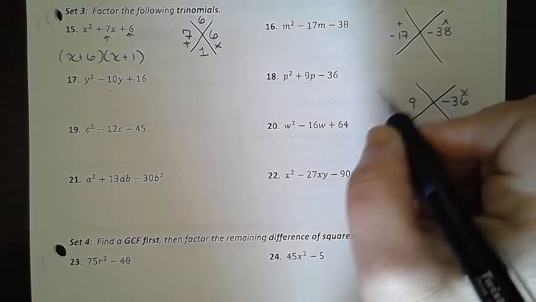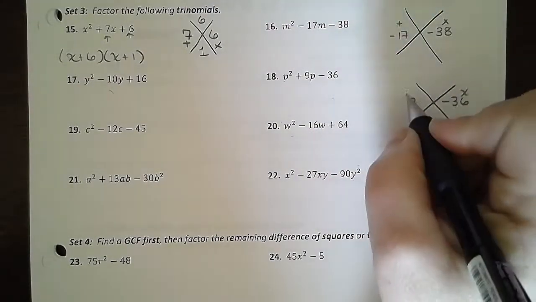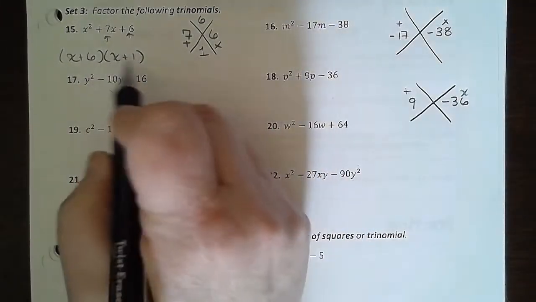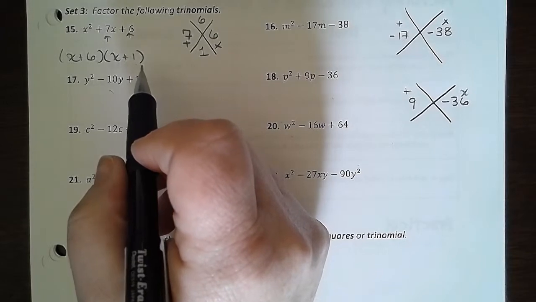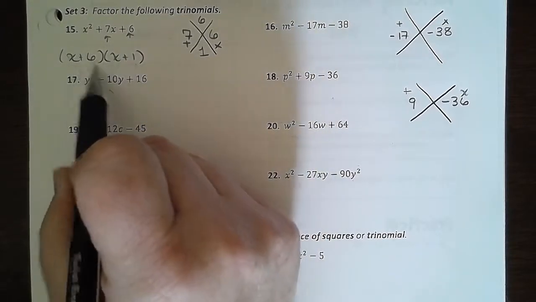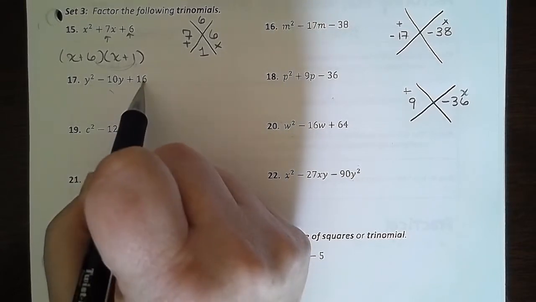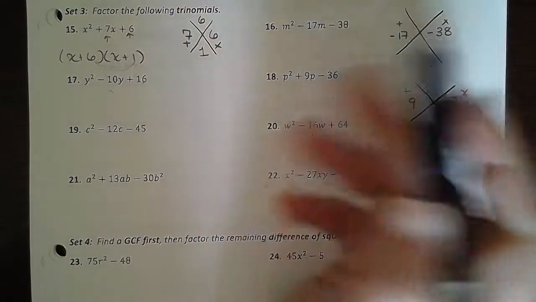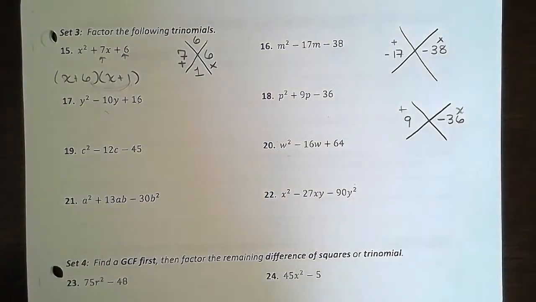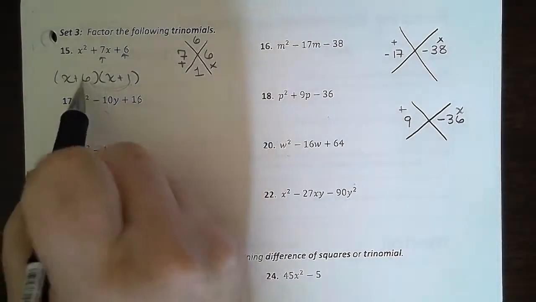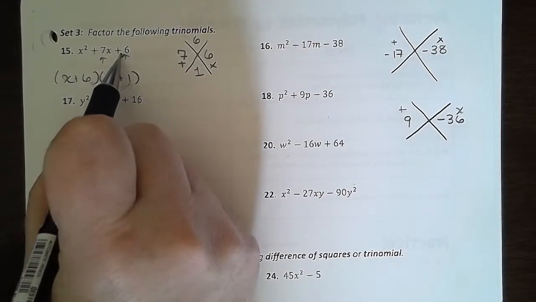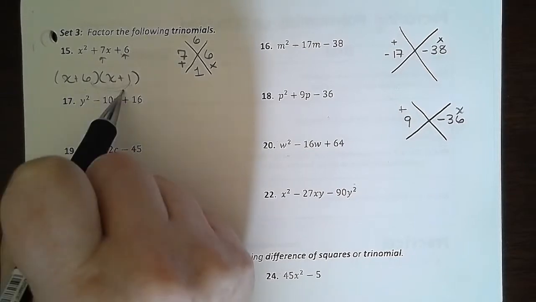So remember this. When you're multiplying two binomials, you do the first, outer, inner, last. And this last product is this number right here. So remember, if you have a positive here and a positive here, you're going to have two positives.